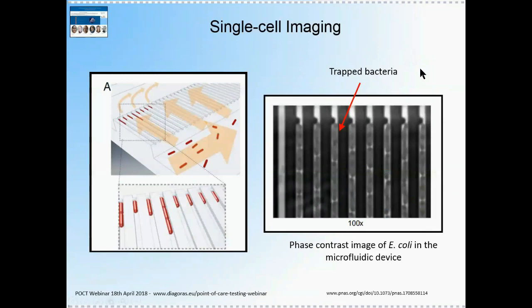Then they feed antibiotics through the channels, and they see over a period of time if the bacteria grow in size or not, depending on whether they are resistant to the antibiotic or not. So that's a really neat way that culture is being used as part of a technological advance to rapidly detect, in this case, antibiotic resistance.